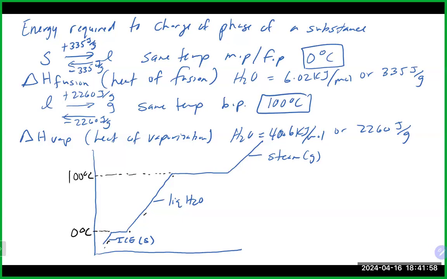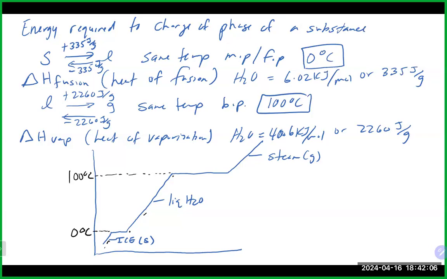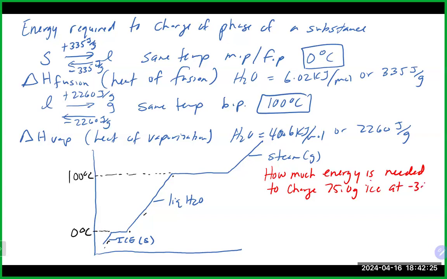So let's just say, for example, we wanted to do this question, which is: how much energy is needed to change, we'll go with 75 grams of ice at minus 3.5 degrees Celsius to steam at 102 degrees Celsius.